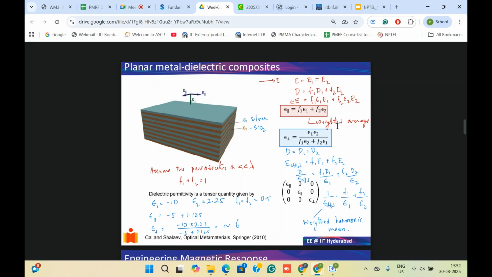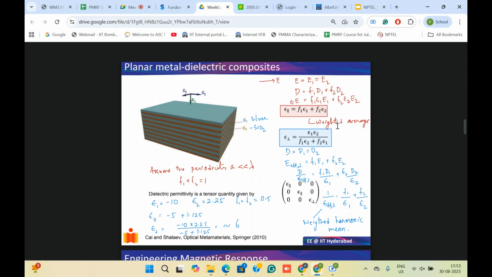Because 1 over epsilon effective perpendicular equals f1 over epsilon 1 plus f2 over epsilon 2, because we know that in the perpendicular direction the displacement field D equals D1 equals D2.